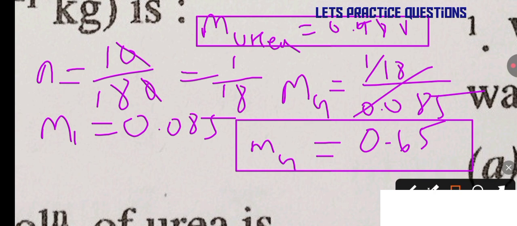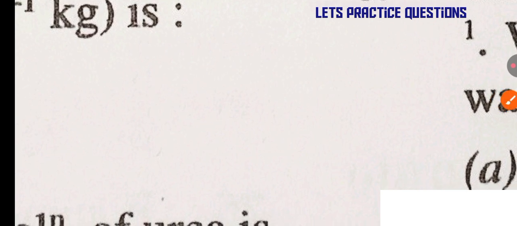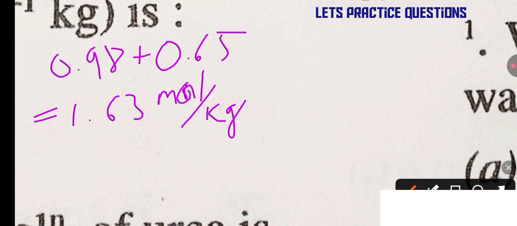Let's add the molality of urea and the molality of glucose. Molality of urea, that is 0.98, plus molality of glucose 0.65, is equal to 1.63 mole per kg.